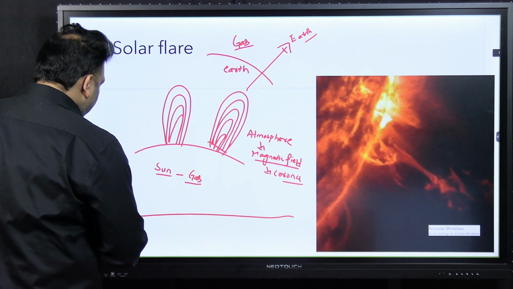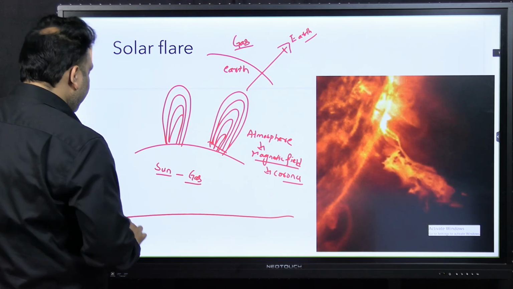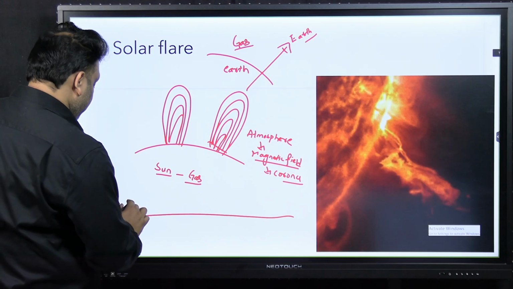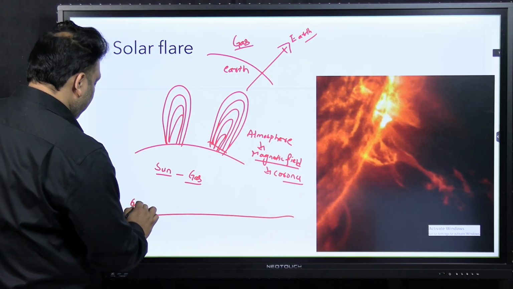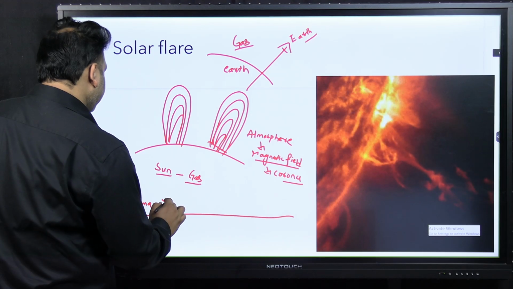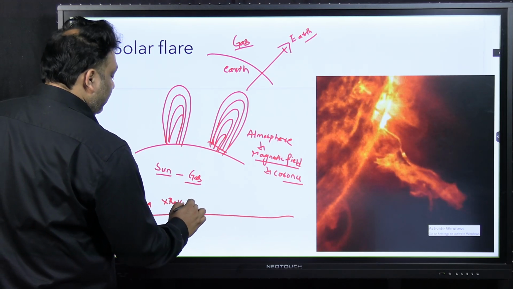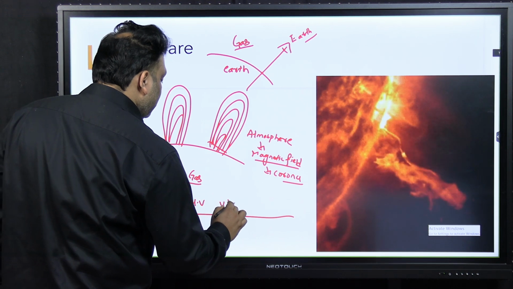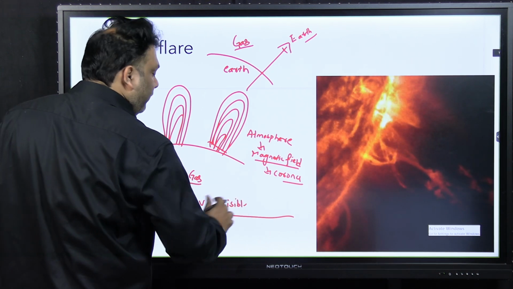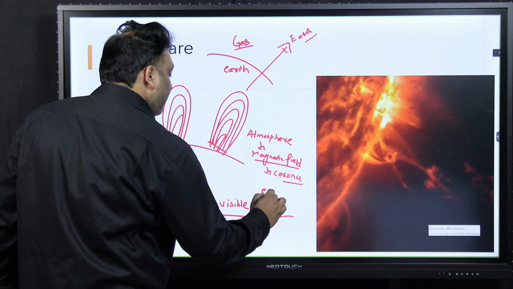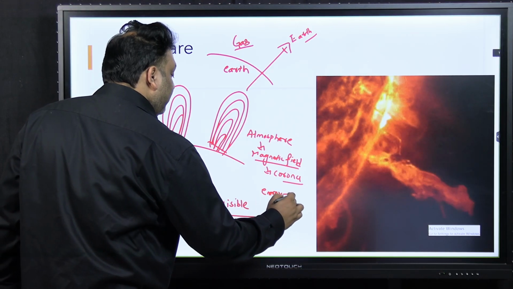So it can release cosmic radiation, gamma, X-rays, UV, then you have visible. While you are moving towards this side, the energy is reducing. The energy is low.